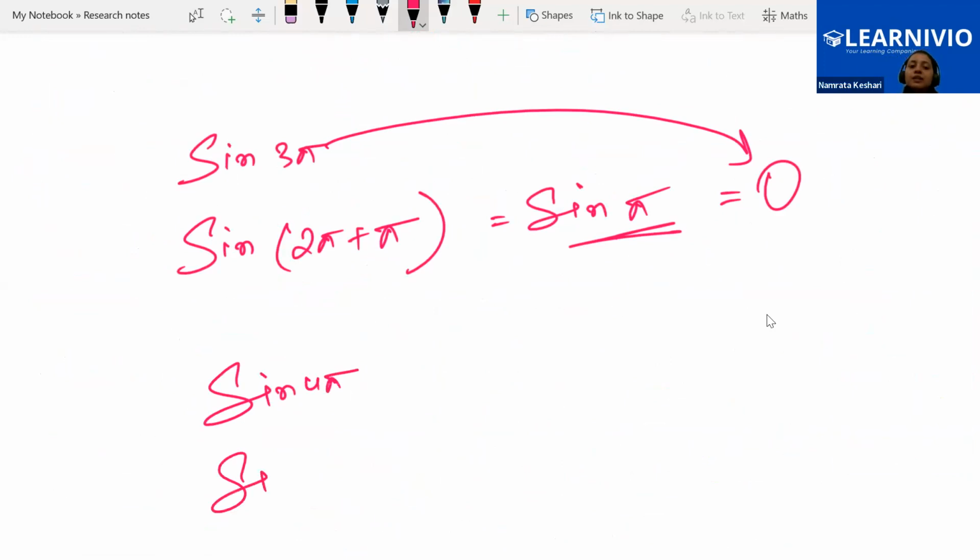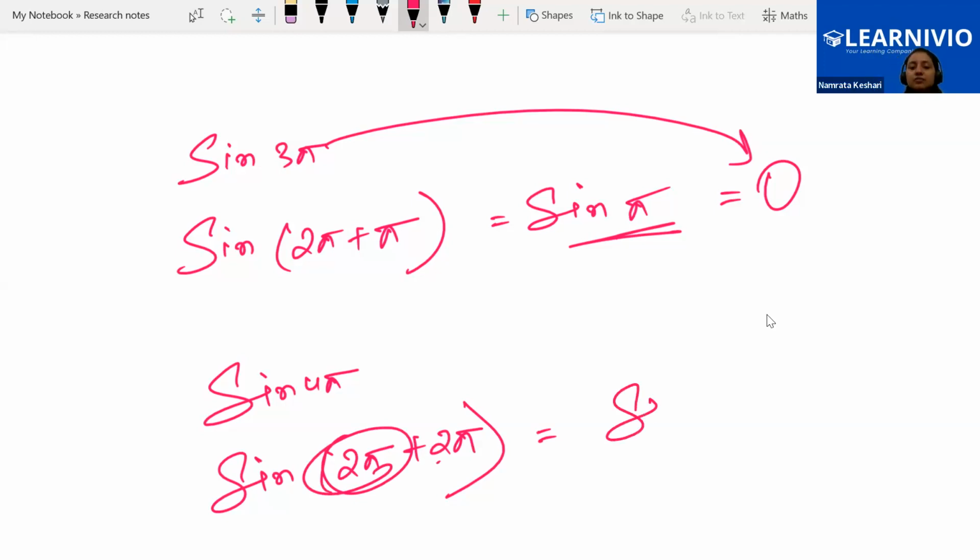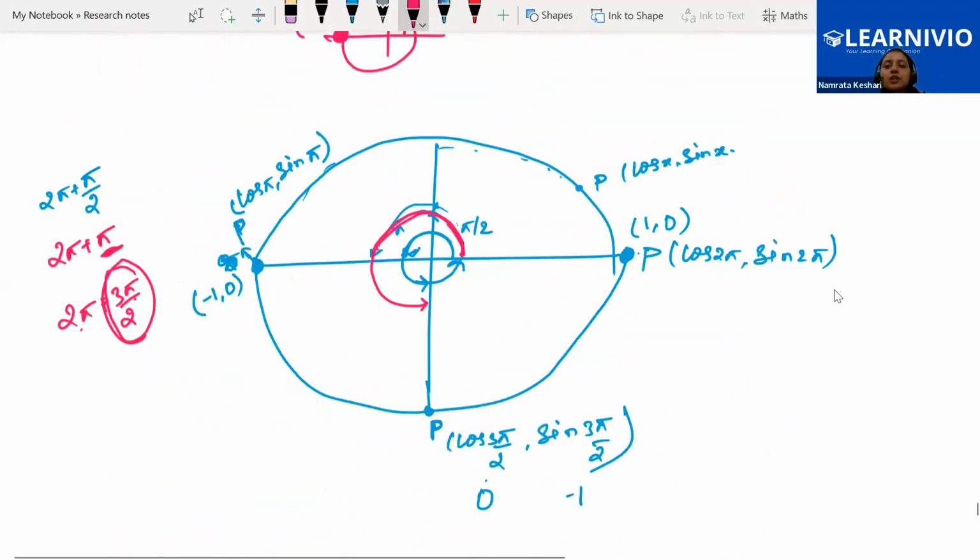Sin 4 pi means sin of 2 pi plus again 2 pi, and you can take it like this only: sin of 2 pi plus 2 pi. 2 pi means one complete revolution, and then it will generate the same result as it was generating for sin 2 pi, and at 2 pi also it was generating 0.